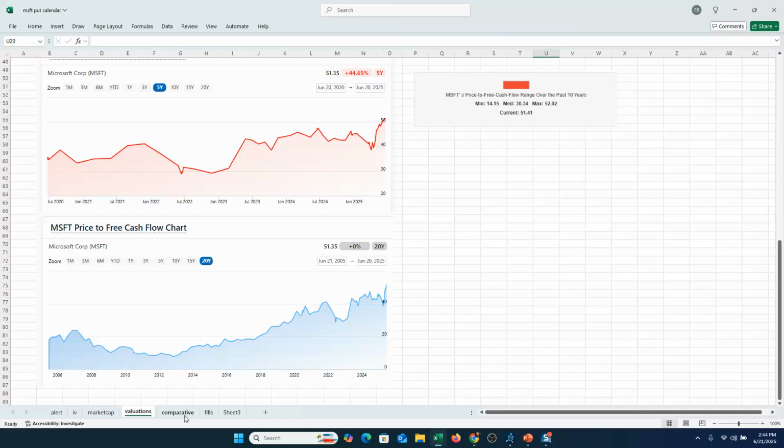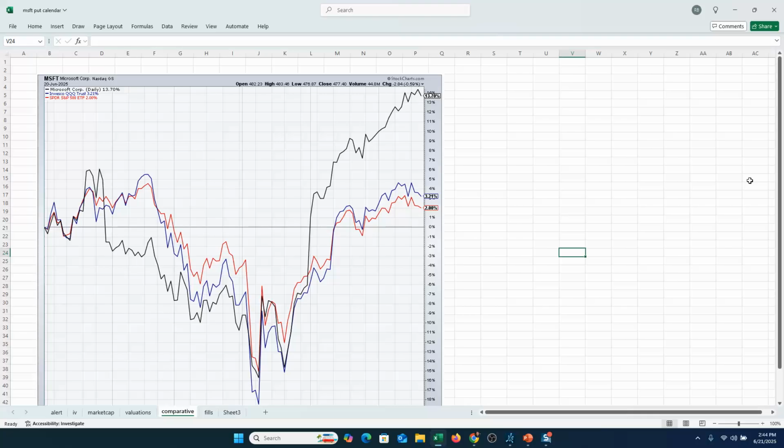And on a comparative basis, Microsoft, as we just saw, is the biggest market cap stock in both the S&P and the NASDAQ 100. So we took a look year to date on Microsoft's performance versus the S&P 500 and the NASDAQ 100. And you can see up until just recently a fairly high correlation back and forth.